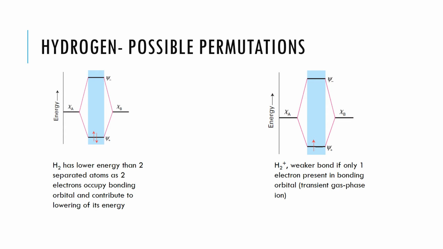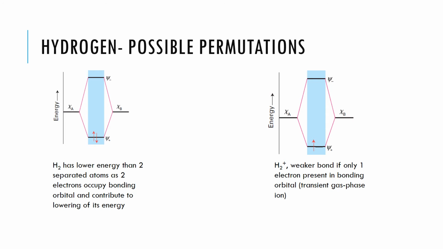Now there are possible permutations in this. The left diagram there shows conventional molecular hydrogen with 2 electrons in the lower bonding molecular orbital. But theoretically, we can also get H2+, in which an electron is removed from molecular hydrogen.